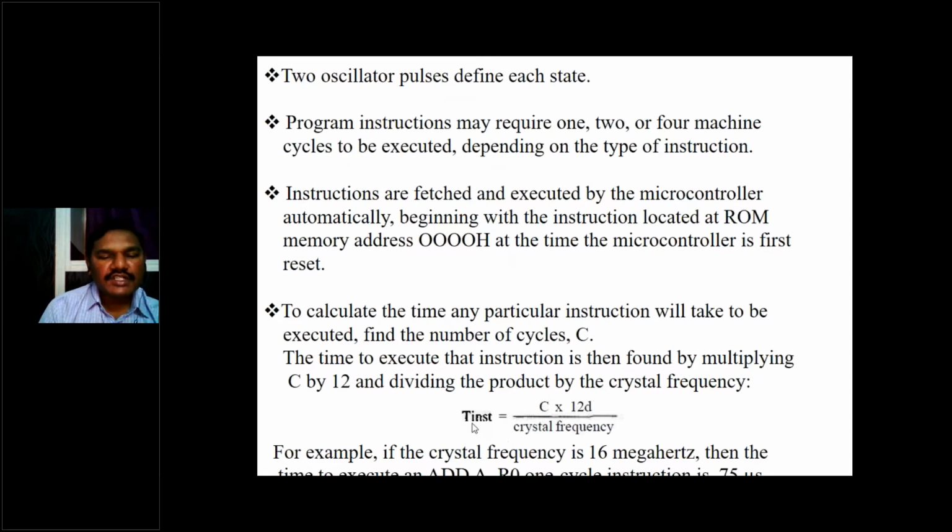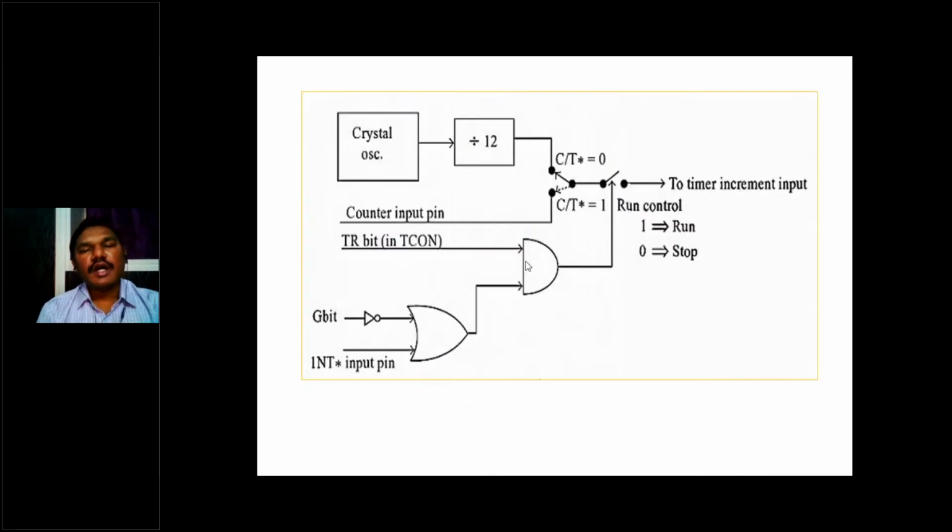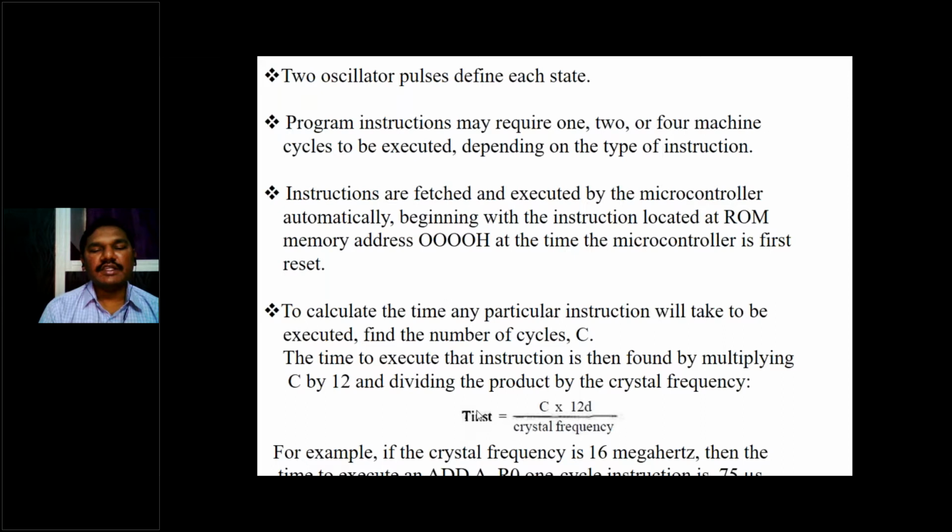So one instruction time is equal to C times 12 divided by the crystal frequency, where C is the number of cycles. You see here, the clock frequency divided by 12 goes to the counters or timers to give the timing pulses. That's why they take this instruction time.